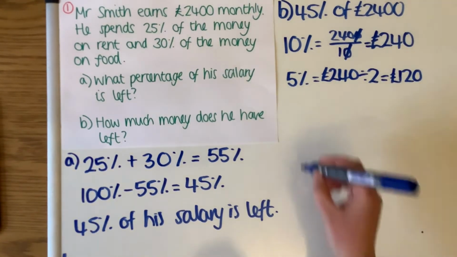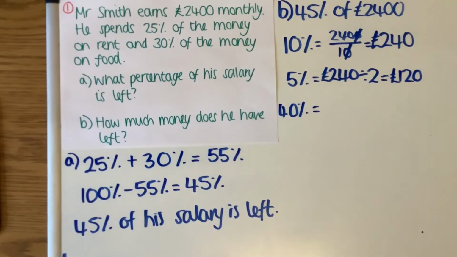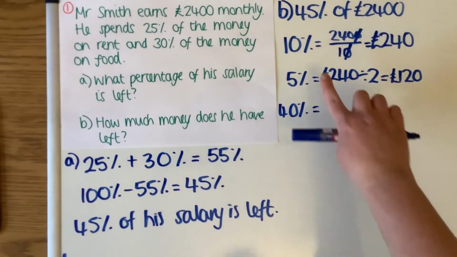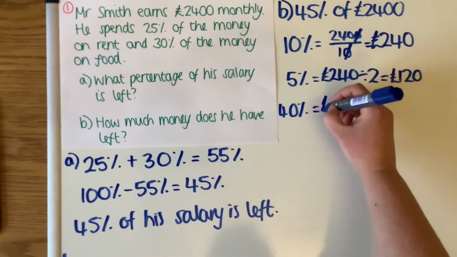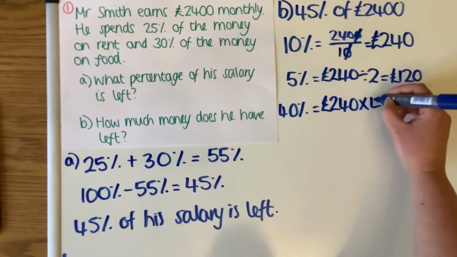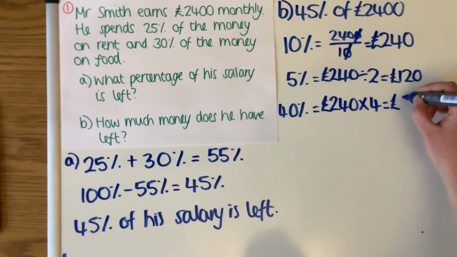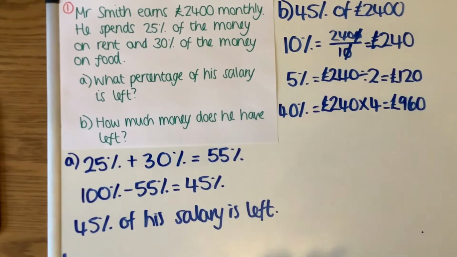Now I'm going to work out what 40% is. To work out 40%, I'm going to do my 10%, which is 240, times 4. 240 times by 4 is £960.